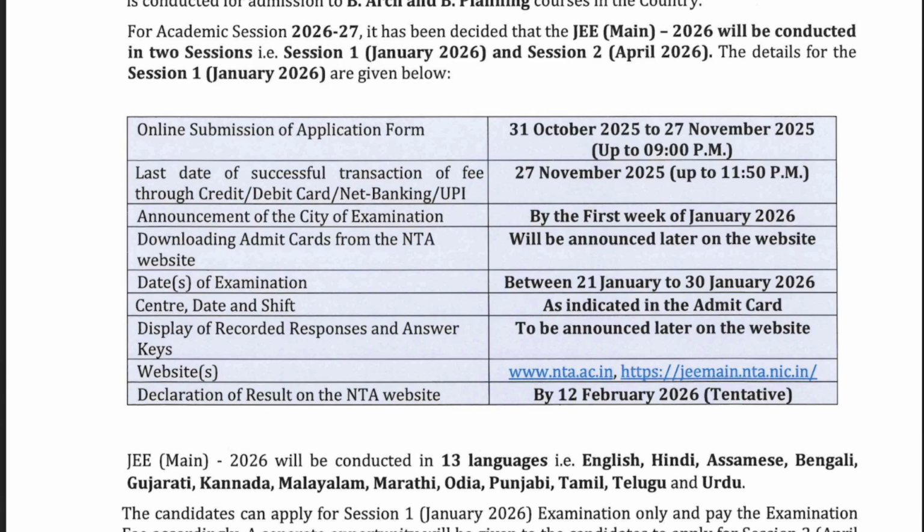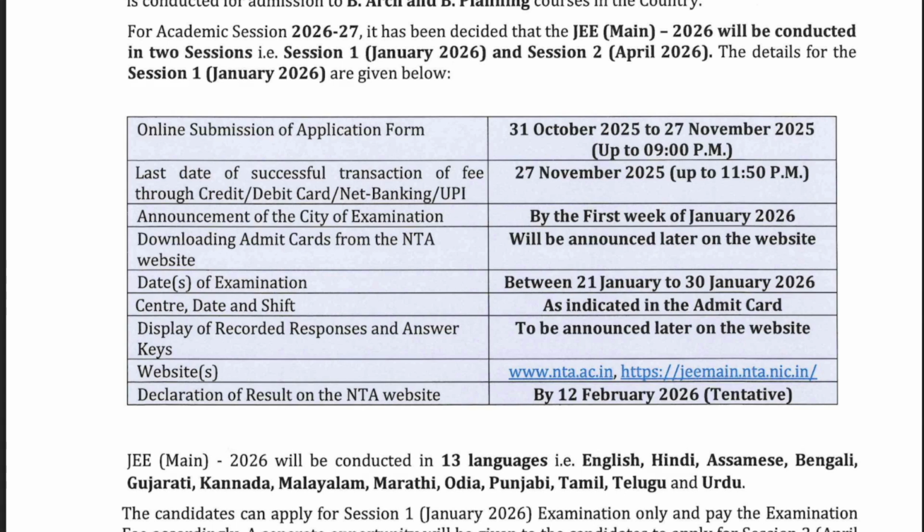The announcement of the city slip for the Session 1 exam will be happening in the first week of January, and the admit card will be announced 3 days before the exam, which means, for example, if on 21st January NTA conducts day 1 of the exam, then candidates can expect the admit card between 18 to 19, most probably by 18.